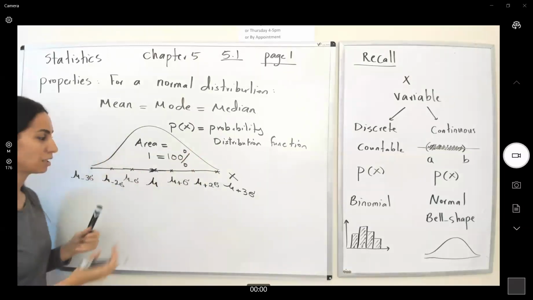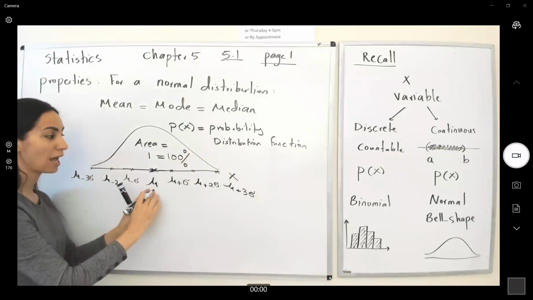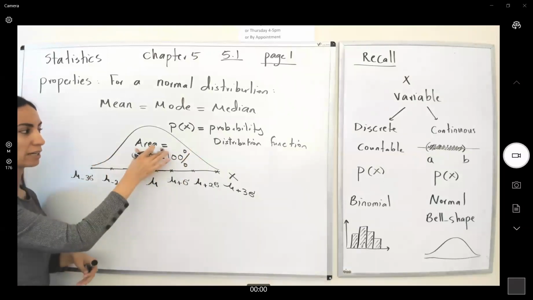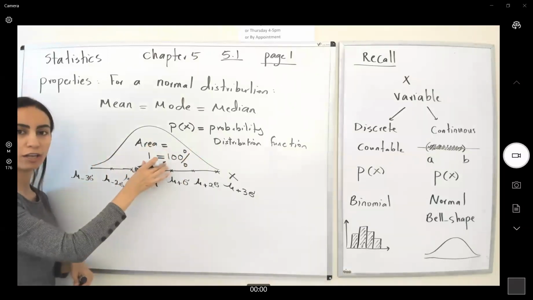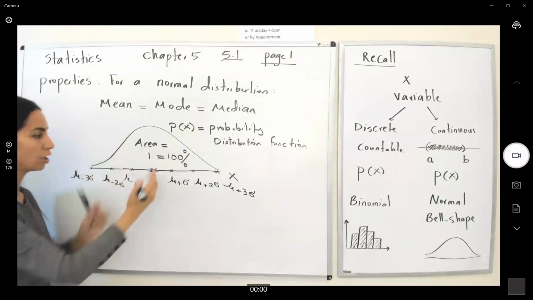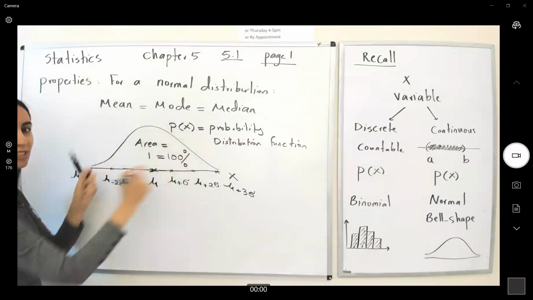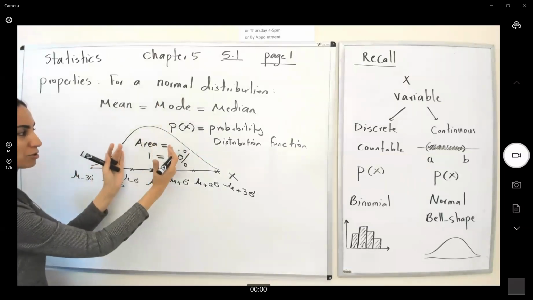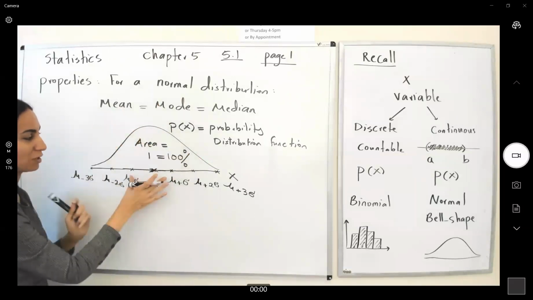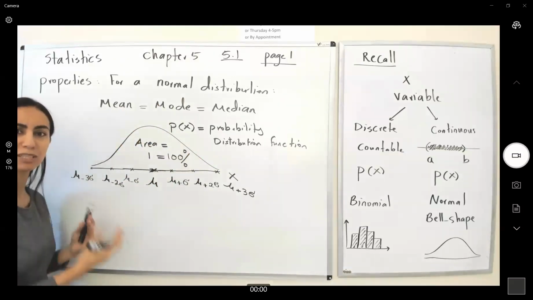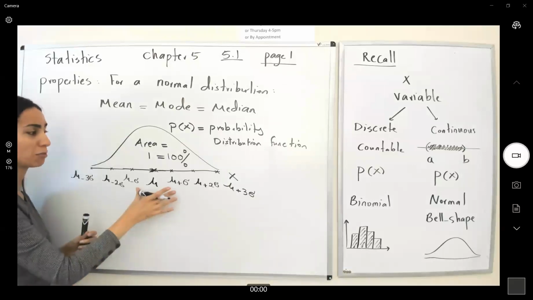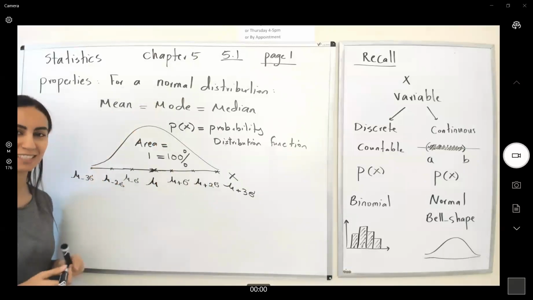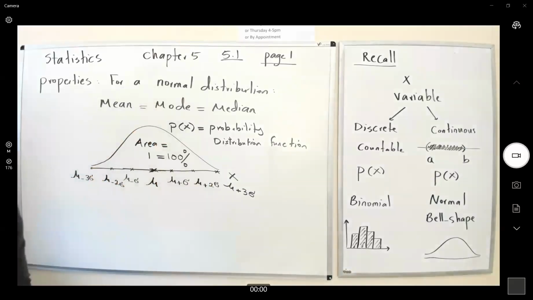But what do we need? We need, of course, to find the mean and also standard deviation. And remember that area below the graph is 1 or 100%. So you can just use empirical rule. Remember that you can get, for example, 68% in between 1 standard deviation away from the mean and so on. By using these numbers, you can get your percentage. By using percentage, you can get to these numbers on the horizontal axis.